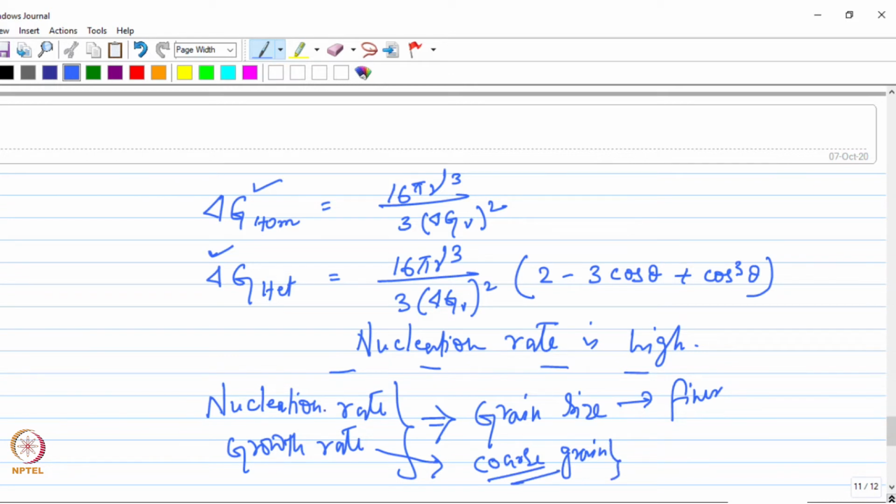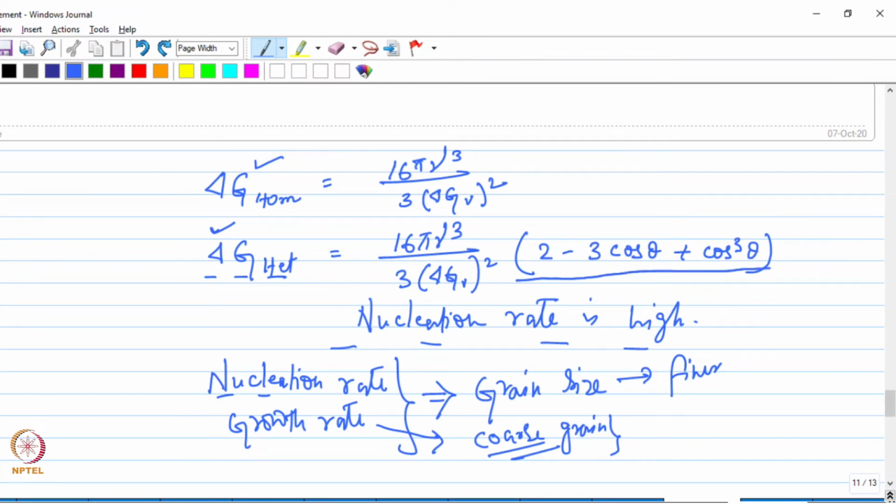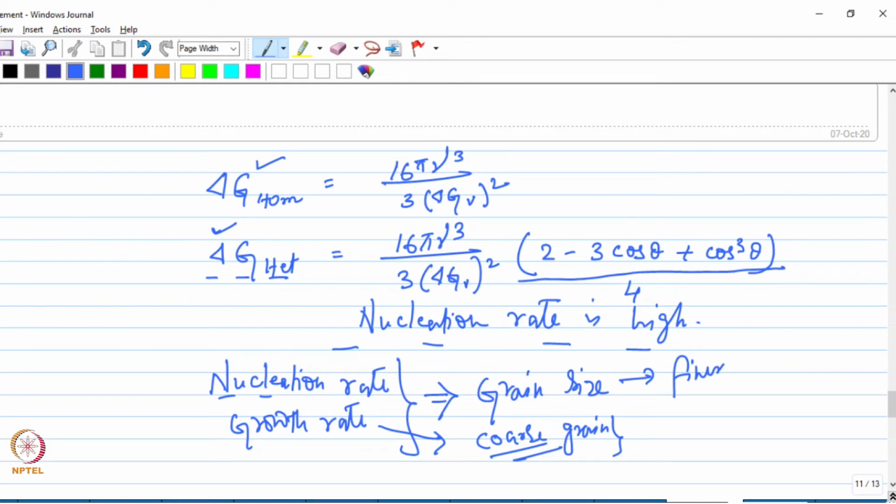So for a high nucleation rate, you also need to form more nuclei in a given time. Therefore, you need heterogeneous nucleation sites or preferential sites for the nucleus to form. That's why heterogeneous nucleation will give you a finer grain size. On the other hand, if it is only through homogeneous nucleation, you may or may not get a fine-grained material at the end of the solidification process.